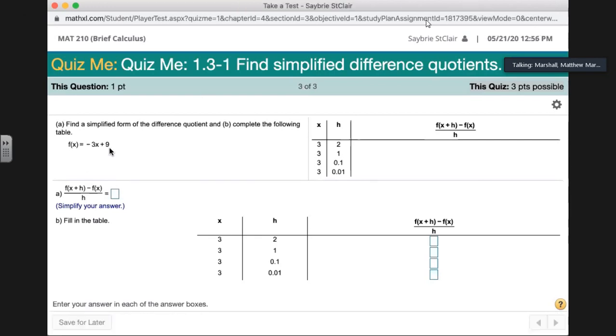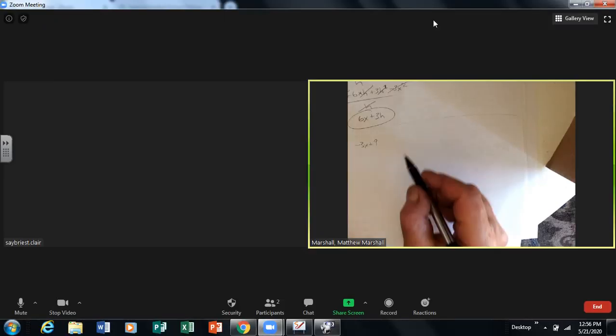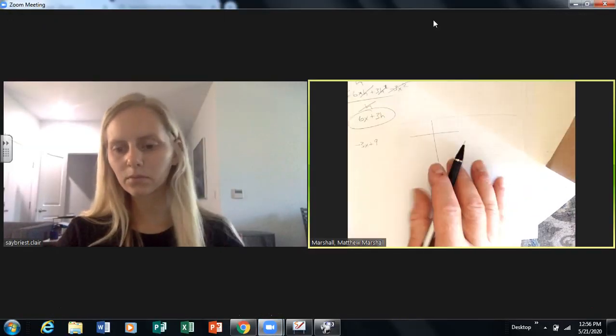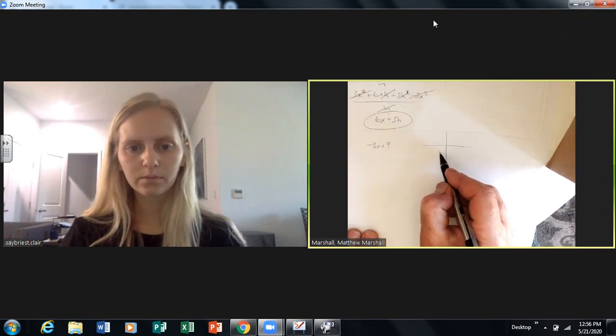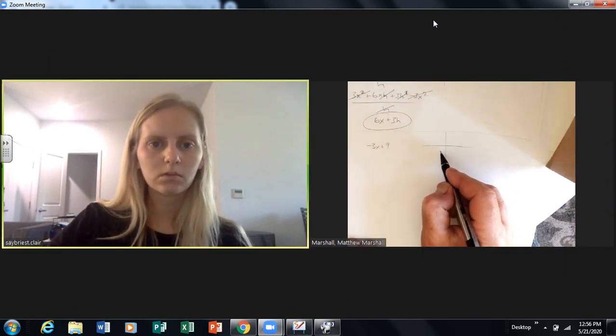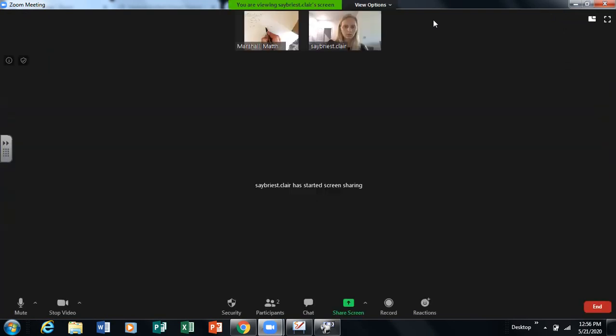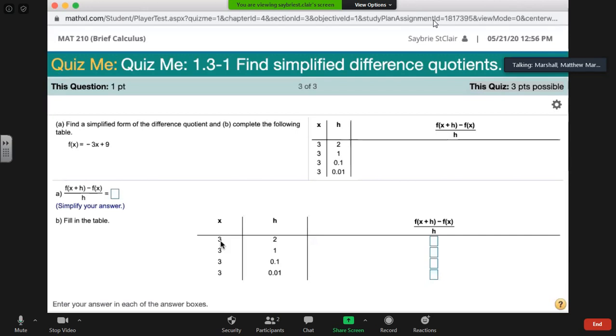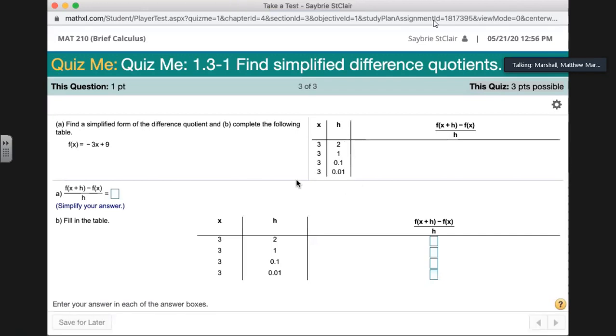Alright, so negative 3x plus 9. And I didn't get the values there. What were the values? So 3, 2, 3, 1.